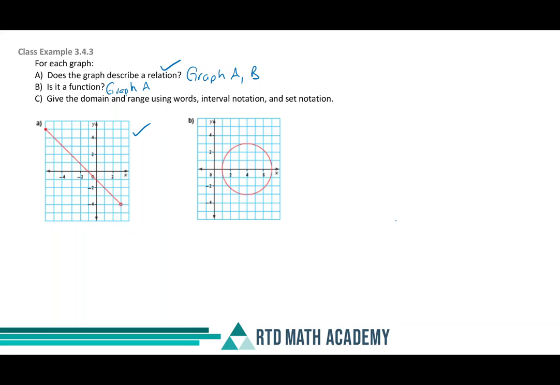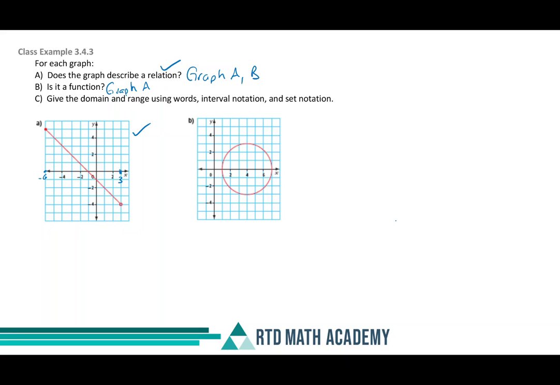For the domain, we are going to see that we have a closed dot at -6, and an open dot at positive 3 here.